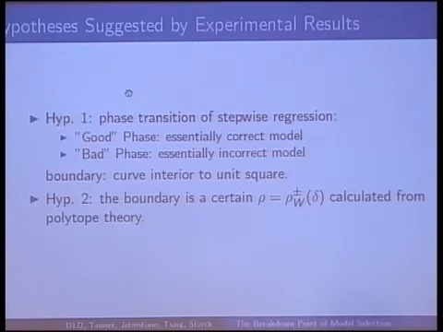There's a good phase where forward stepwise regression works. There's a bad phase where it's useless. Well, you won't know that it's useless, but it is useless. And there's some boundary between those, which is a curve that's interior to the unit square. And then maybe a sharper hypothesis is that funny curve, which we'll define later symbolically, is exactly some boundary.